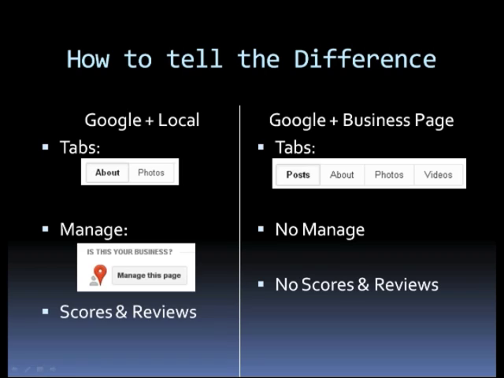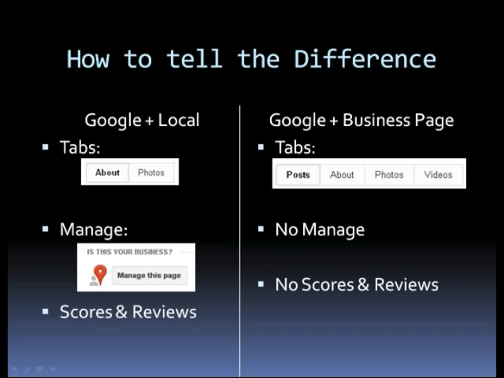The really easy ways to tell if a page is a Google Plus local page or a Google Plus business page is right on the PowerPoint presentation in front of you. The first thing is look on the left-hand side. You'll see tabs. If there are only 2 tabs, an about and a photo, it's a Google Plus local page. If you scroll down and you see the call out that says, is this your business, manage this page, it's a Google Plus local page.